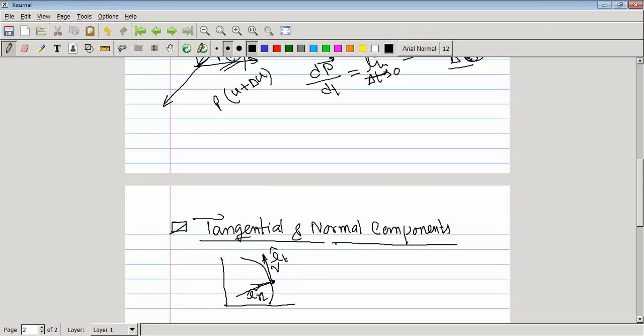So en is the normal, which is in the perpendicular direction of et. Here you can see this is your 90 degree, so it is the normal and perpendicular direction.